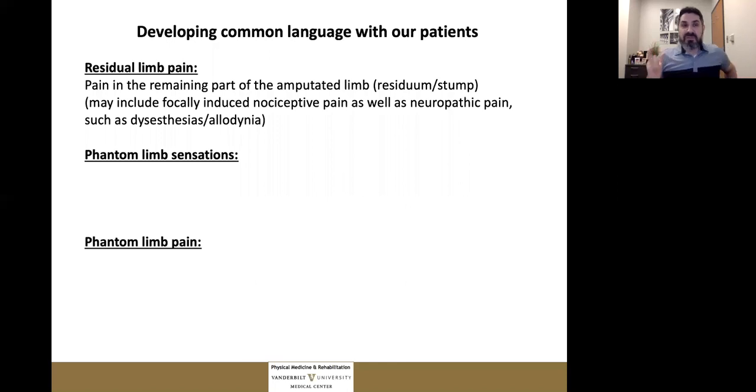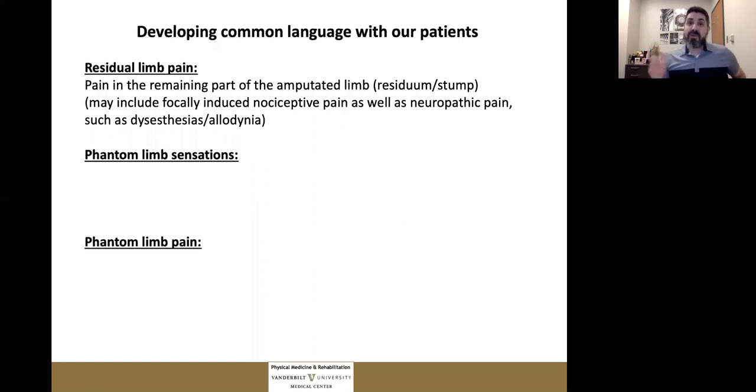This pain in the residual limb may include focally induced nociceptive pain, like muscle and bone pain, so to speak. That's how we wrap our mind around it. This is pain elicited by damage to anatomical structures within the residual limb. But it can have neuropathic qualities to it.